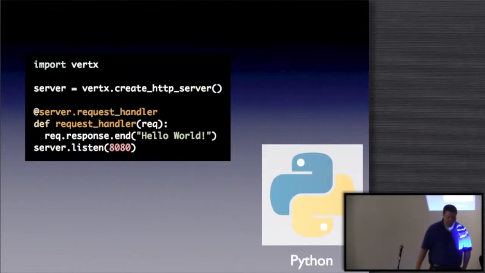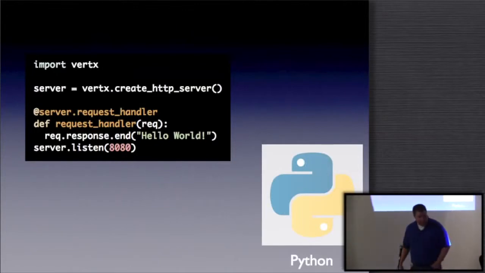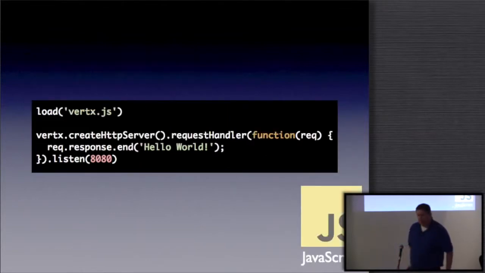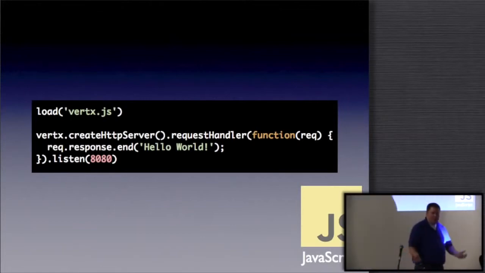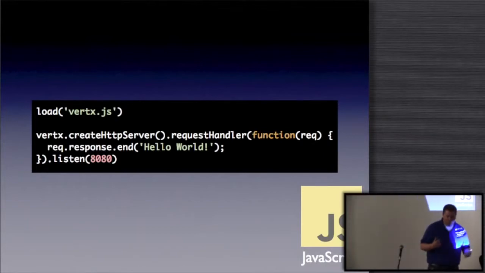We can also do this in Python, again, same constructs. And of course, if you're a Node programmer wanting to jump onto the JVM, you can write JavaScript. The JavaScript code that you start to write in Vert.x looks very familiar, very comfortable in terms of what you're used to writing when you're doing Node code.